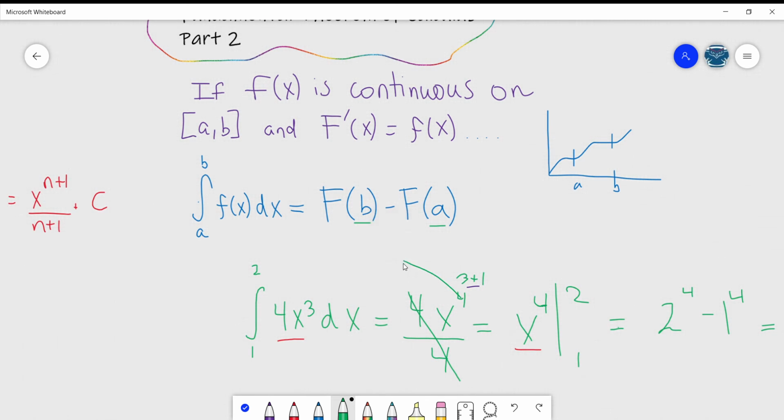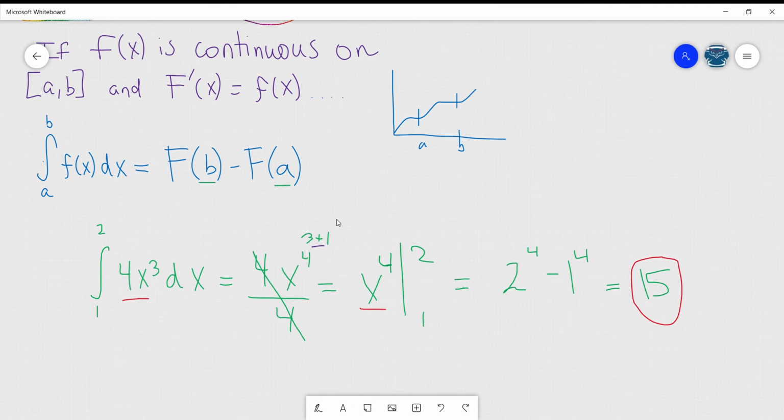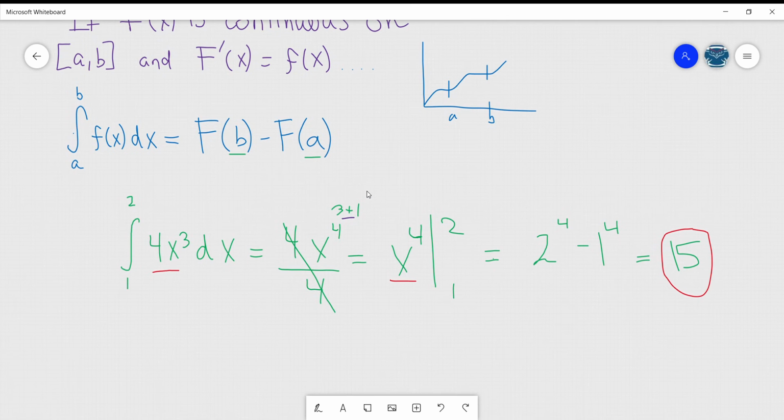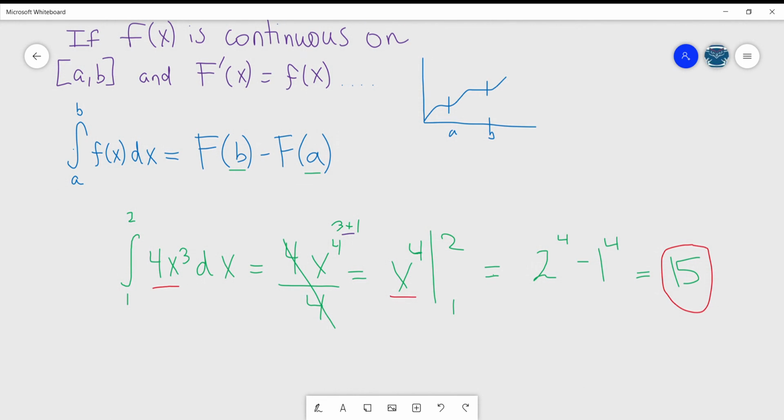So let's look at the work that we just did, and we're going to see some differences and a lot of similarities. Let me circle in red. So here's f of x. As you can see, f of x is given as 4x cubed.